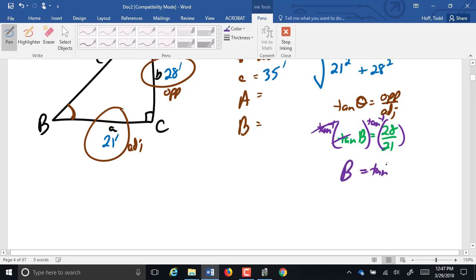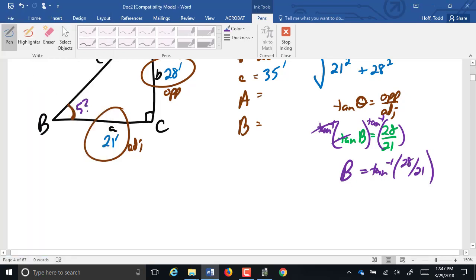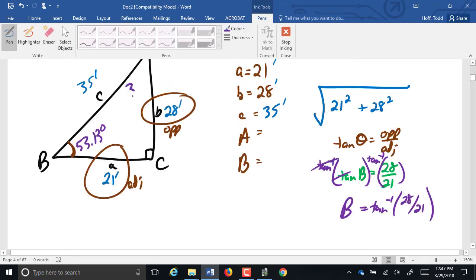B is the inverse tangent of 28 over 21. That's all right. 53.13 is correct. How about angle A? How do you get that so quickly? Subtract from 90. There you go.